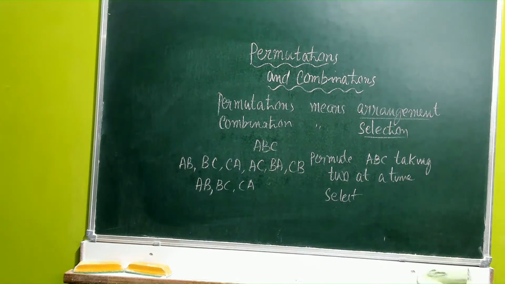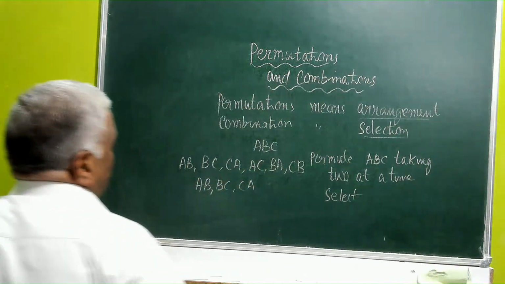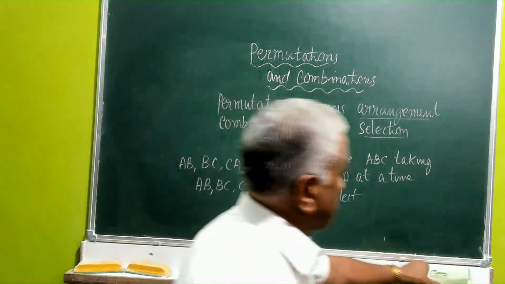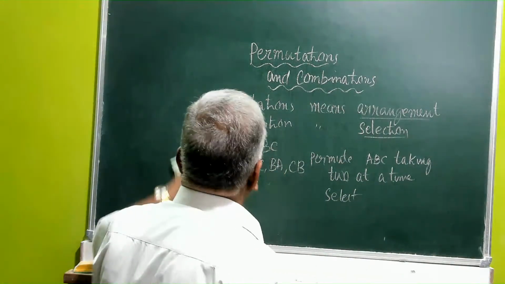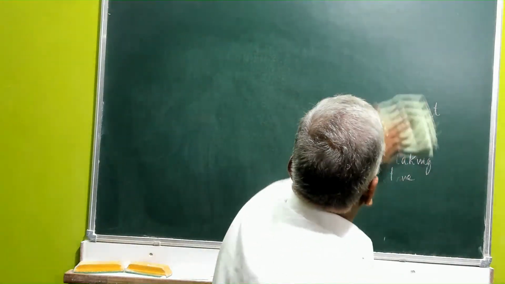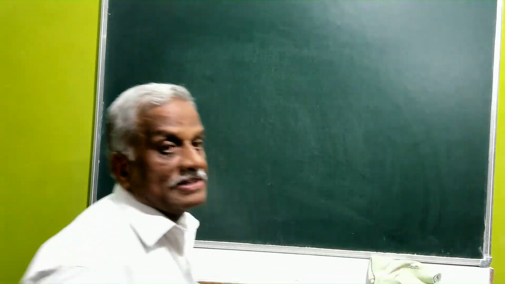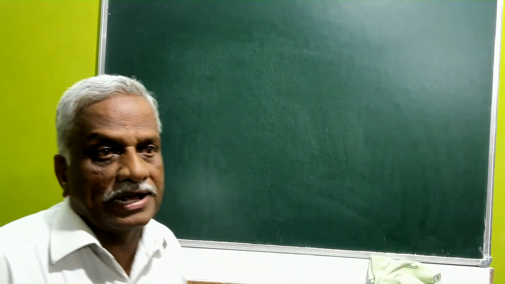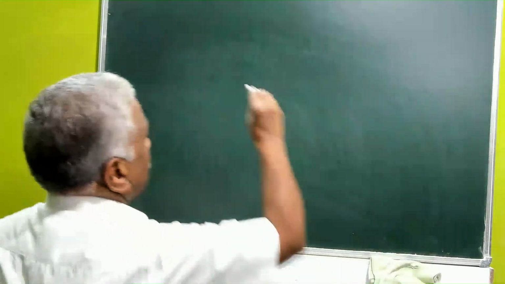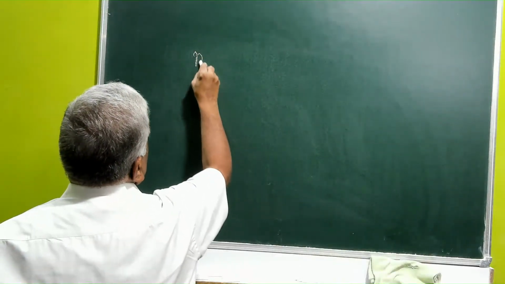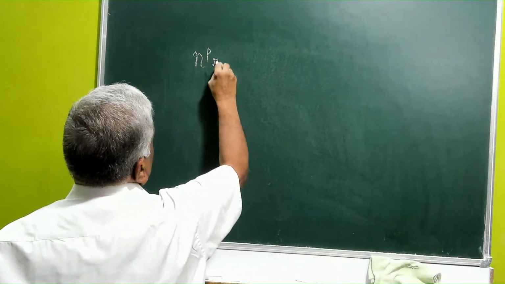See, we have got some notations, and I can't go into the details of the derivations, but I will just list the notation that we use. The first notation that we use is called nPr.